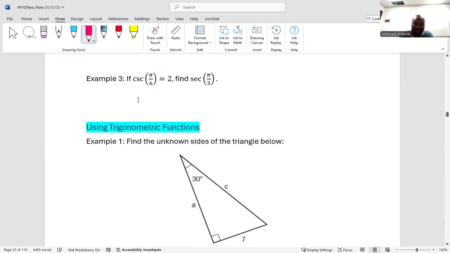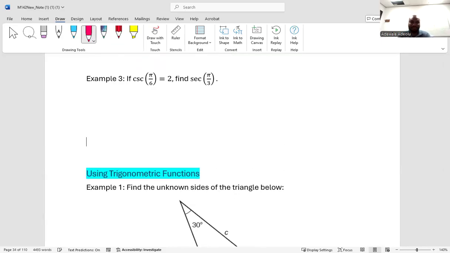Let us look at another example. We are given that cosecant of pi/6 is 2, and we want to find secant of pi/3. Remember, secant and cosecant, that is their cofunction.